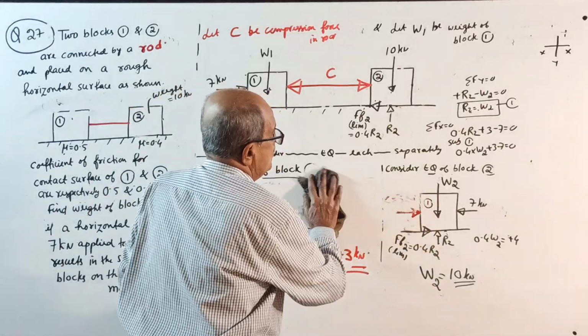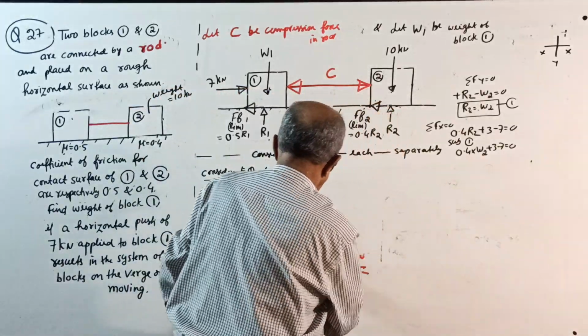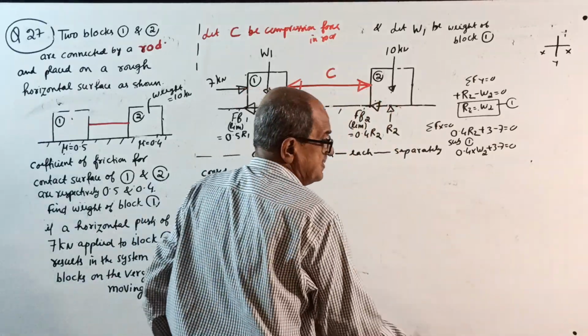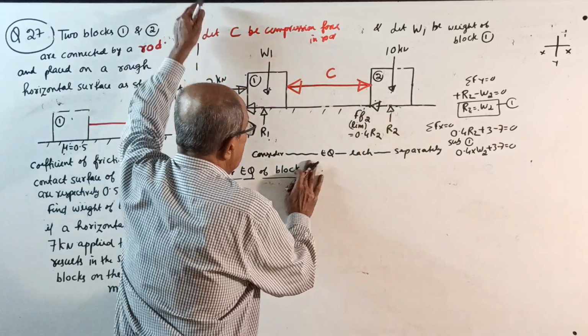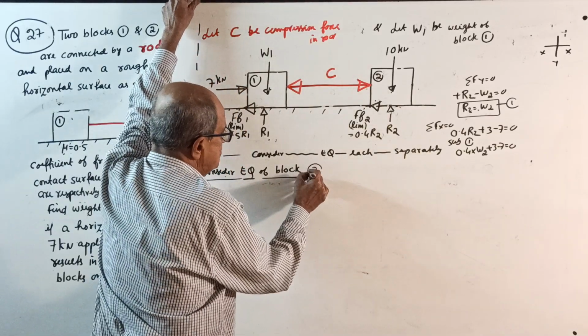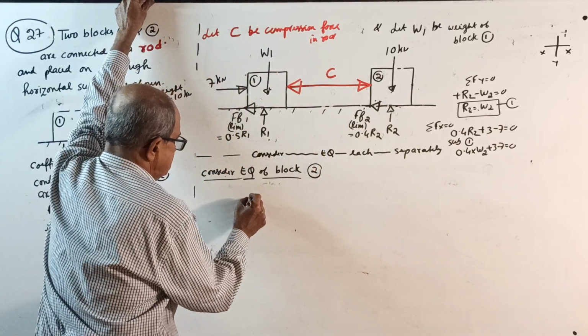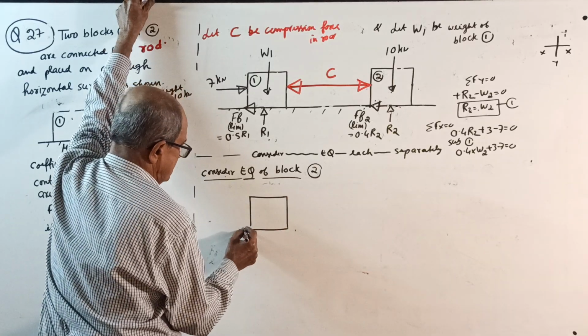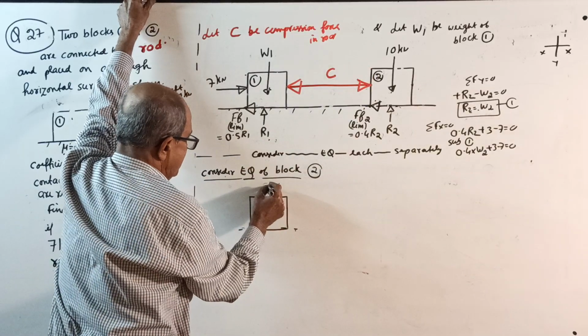Okay, write once again. To save the time, this time consider block 2 first. See, this is all an important concept. Consider equilibrium of block 2. Okay, start. Block 2. Weight of 10 kilonewton.